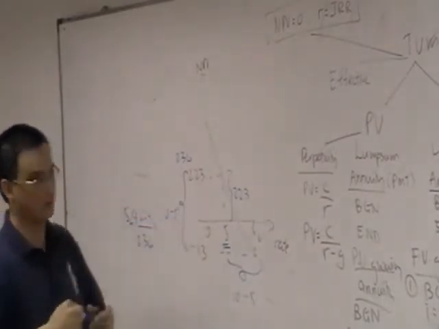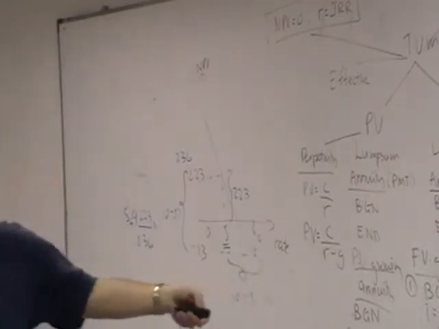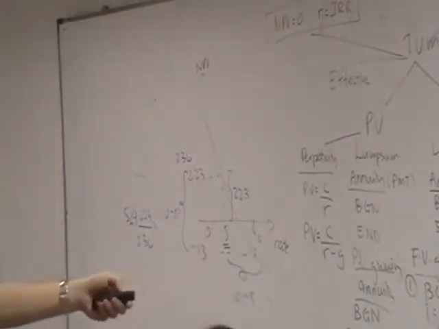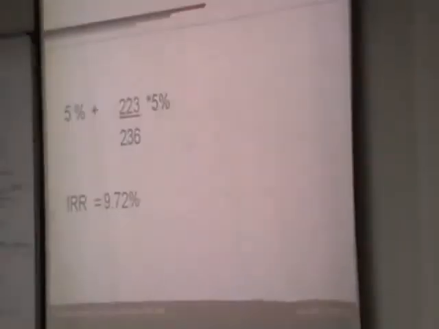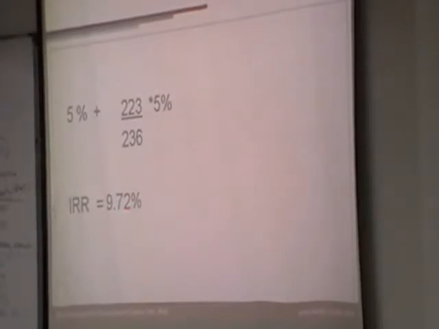Now, don't worry about this part here. This one is to calculate manually. When you calculate manually, the answer is 9.72. Using your financial calculator, of course, you'll be more accurate. How do I get this 5?